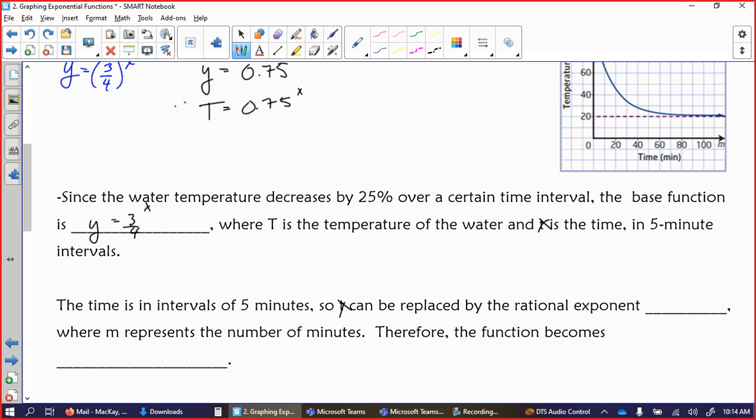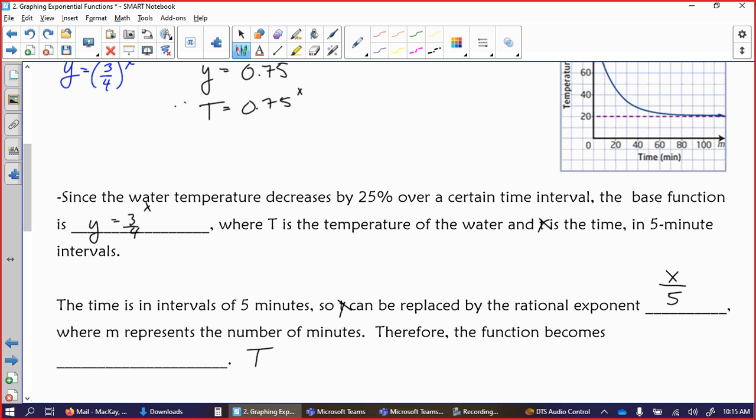So if it's every 5 minutes, our exponent is going to be this, because instead of having it 1 minute, we're looking at every 5 that it goes down. So when we have something that is every so many minutes or every so often, it ends up being a rational exponent because we're stretching our time out.